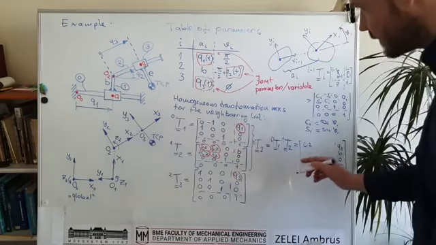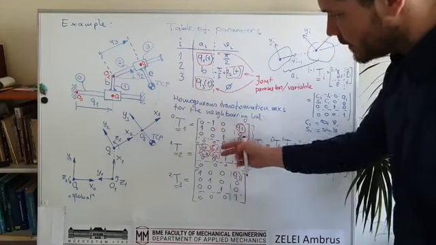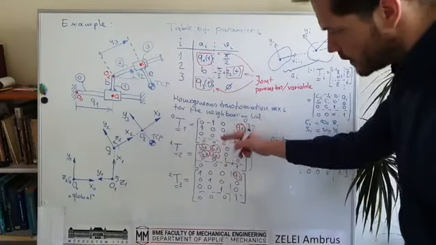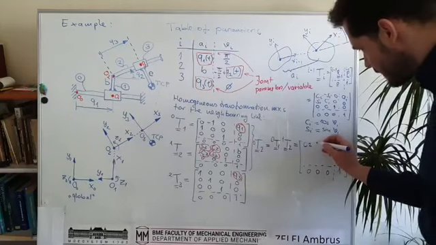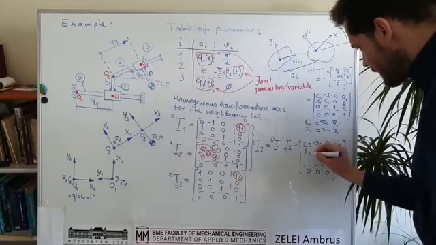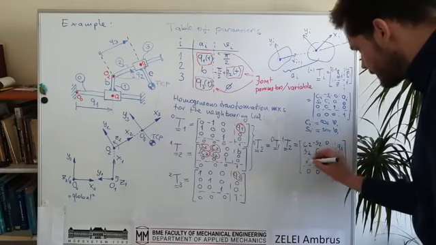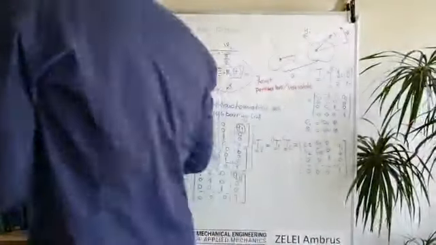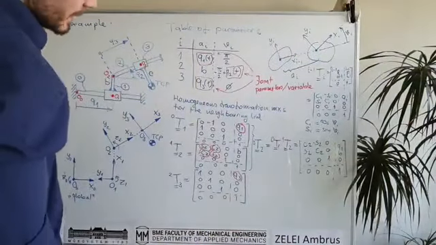The rotation part is not the same. So these two rotations are multiplied together. So this will be a mixture of the two rotations. So it will be cosine q2, minus sine q2, 0, sine q2, cosine q2, 0, and 0, 0, 1. And basically we can check its meaning.